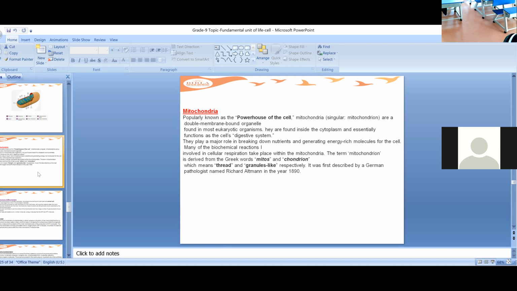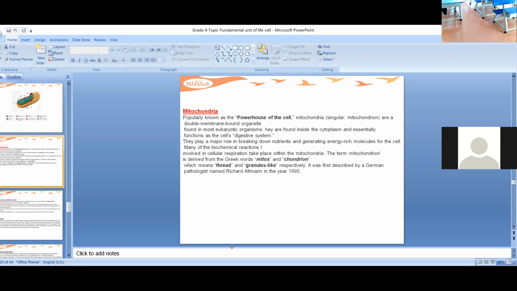So it is a double membrane bound organelle, and it is found in most eukaryotic organisms. It functions as the powerhouse of the cell, generating energy from glucose.